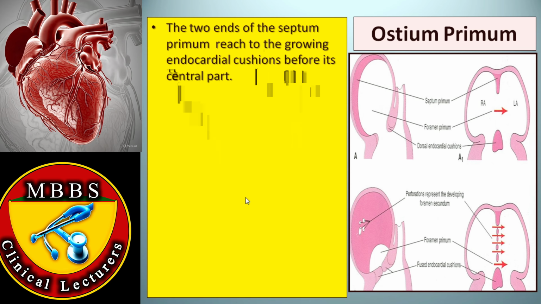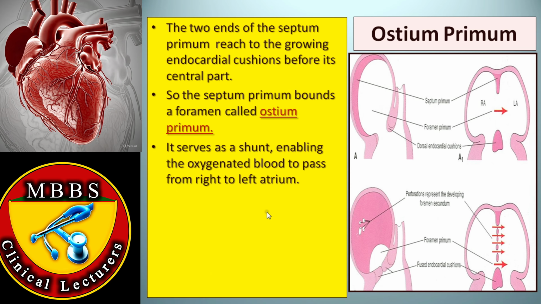Another view shows the septum primum descend down to move towards the endocardial cushion, and that reaches to form the complete partitioning. But before they fuse down, there is an opening present, and that is called the foramen primum.